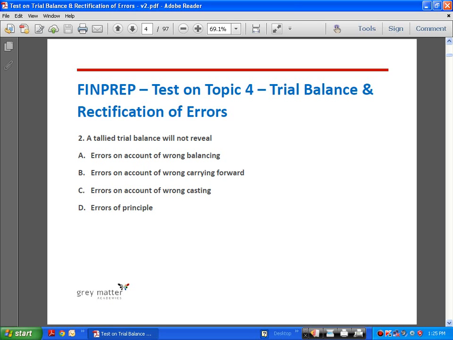A trial balance will not reveal errors on account of wrong balancing, errors on account of wrong carrying forward, errors on account of wrong casting, errors of principle. Okay, a trial balance will not reveal errors of principle, because as I told you, instead of debiting one account, a debit of an equal amount has gone to another account. So the trial balance will still agree even if there are errors of principle. So answer is D.